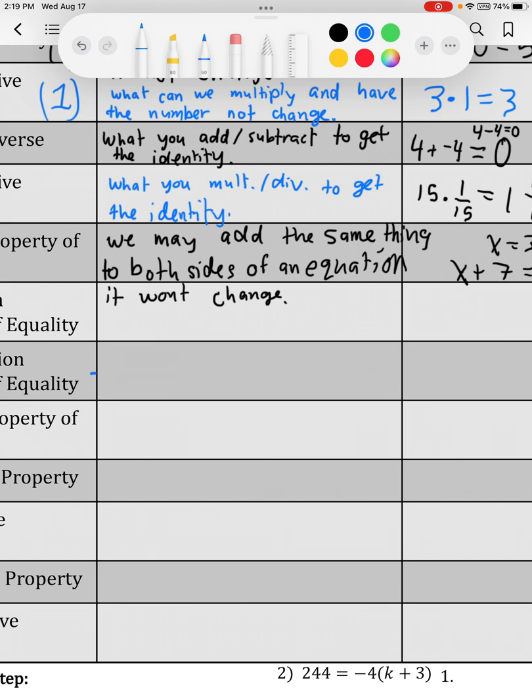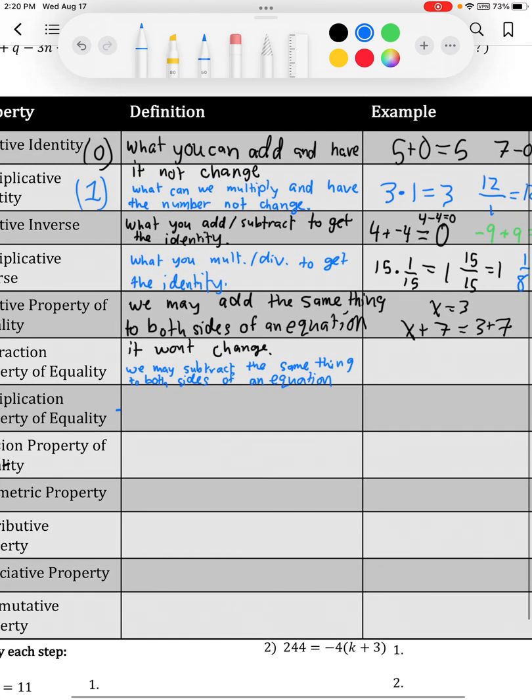Subtraction property of equality is the exact same, except instead of addition, it's subtraction. So an example could be, well, let's just keep with x equals 3. X minus 5 is equal to 3 minus 5. I'm subtracting 5 from both sides, and it stays the same.